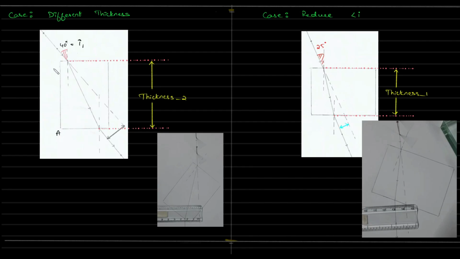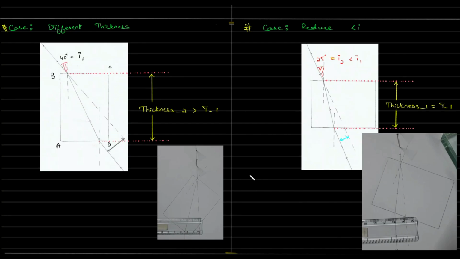Here my ABCD will be in this way, so my thickness is from C to D, if not A to B. This thickness is more than the first thickness. I'm considering a case wherein the thickness is increased. Then the third case deals with the same thickness, but the angle of incidence is reduced. Here the angle of incidence is lesser than the first one, and we can see the lateral shift has reduced.